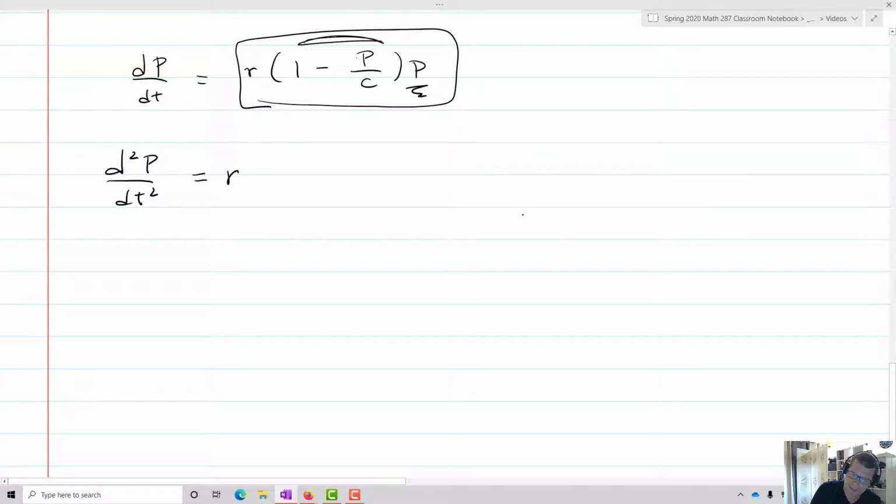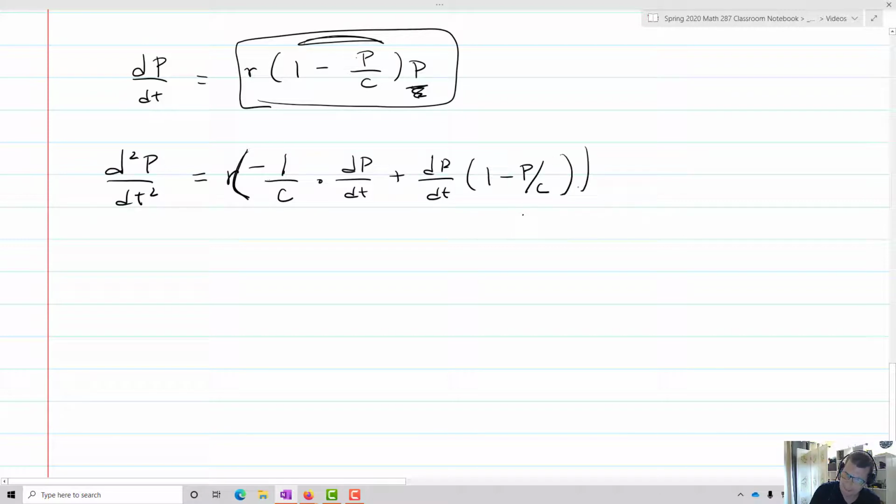First we'll take the derivative of this inside term, and that's going to end up giving me negative 1 over C times dP/dt. Remember that C is also a constant. Plus the derivative of P, which is dP/dt, and we'll multiply that by 1 minus P over C.